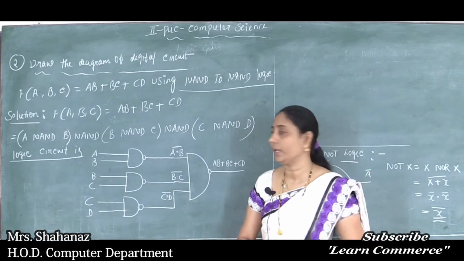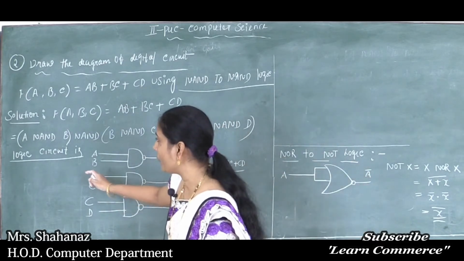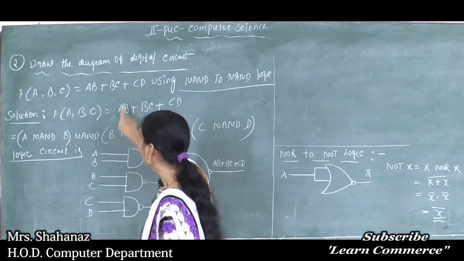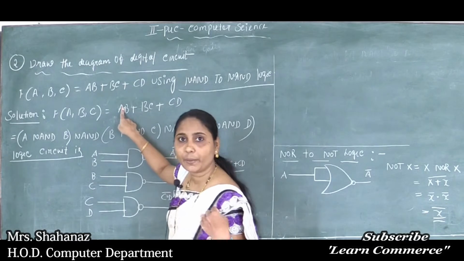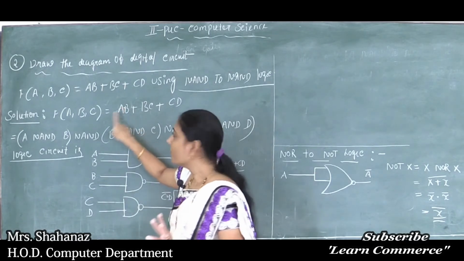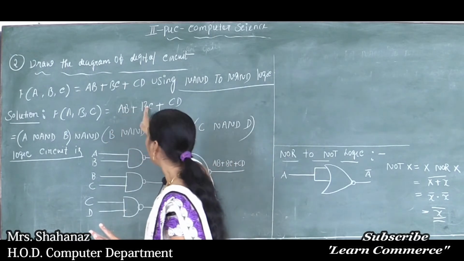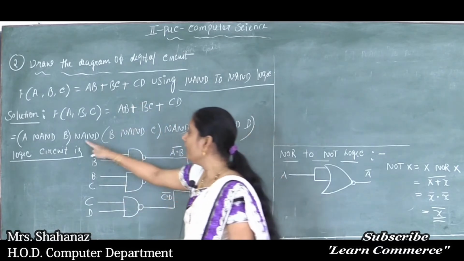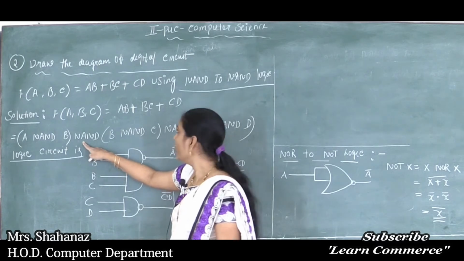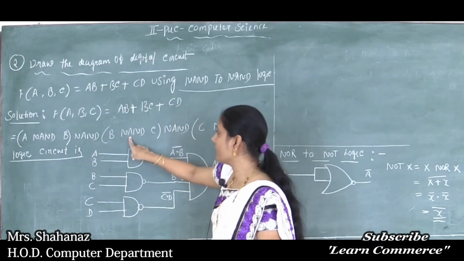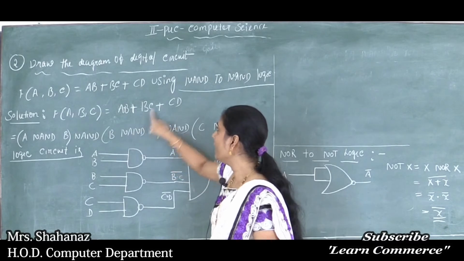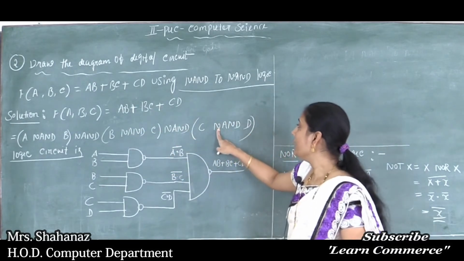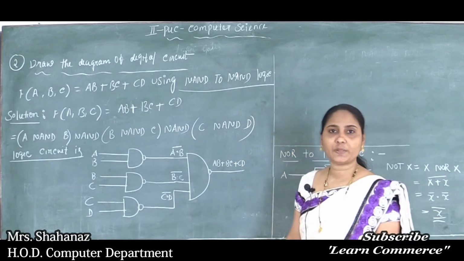So here I am going to write A NAND B. I just completed this one. Actually it's A and B, but remember it is converting to NAND. So A NAND B, and later the plus sign, which is actually called OR, but needs to be converted to NAND. B NAND C, plus converts to NAND, and C NAND D. So this is the expression we can write.